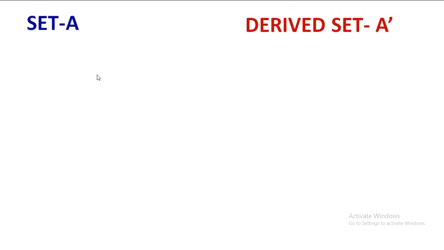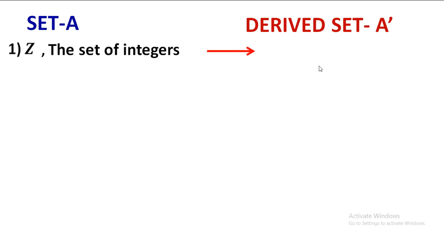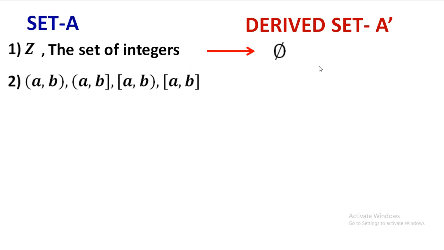Consider the set A and the derived set of A, which is A dash. First, Z, the set of integers, which we have just learned, whose derived set is phi. Second, the open interval a comma b, half open, half closed and closed intervals of a comma b, whose derived set is the closed interval a comma b.